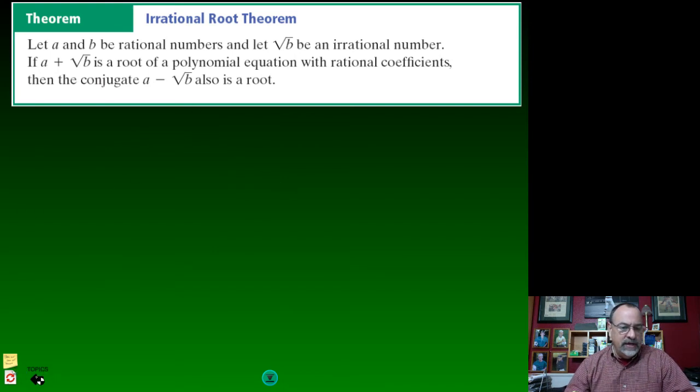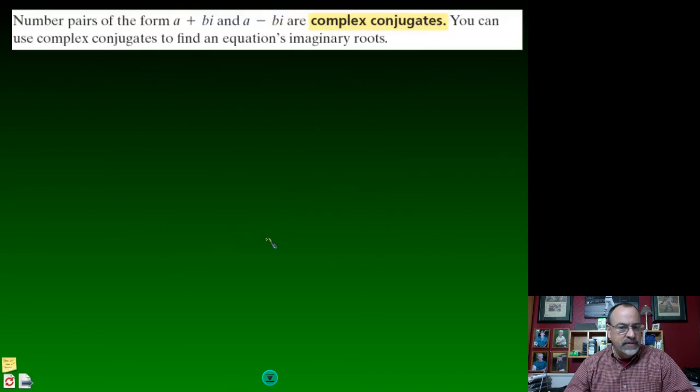Now, the imaginary root theorem is very much like it. In fact, it's almost identical. It says that these imaginary roots, they also come in pairs. Now remember, if we're talking about the x-axis and we're talking about rational numbers and irrational numbers being on that x-axis, imaginary numbers are places where it's a root of the equation, but it's a place where the graph does not touch the x-axis.